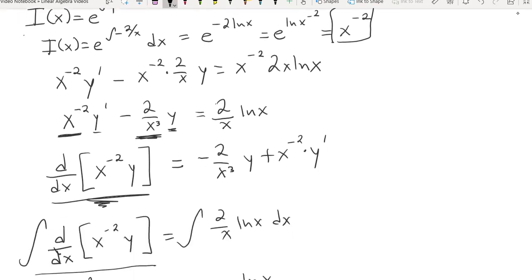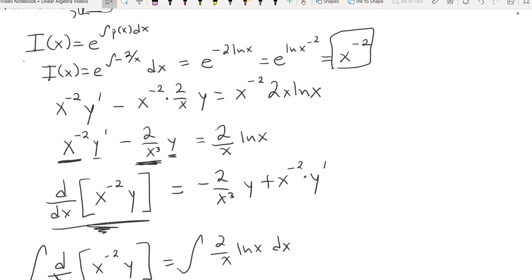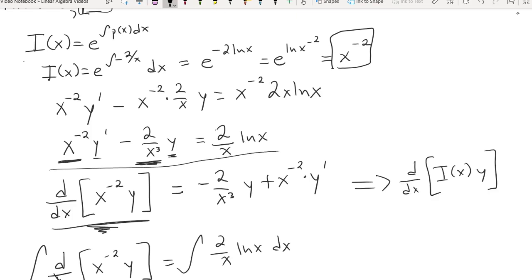It turns out that what we end up with is always going to be d dx of I of x times y. That's actually how we wanted to set it up to begin with. That's why we utilized e to the integral of p of x. So in the future, you don't actually have to go through this whole step of multiplying through both sides.